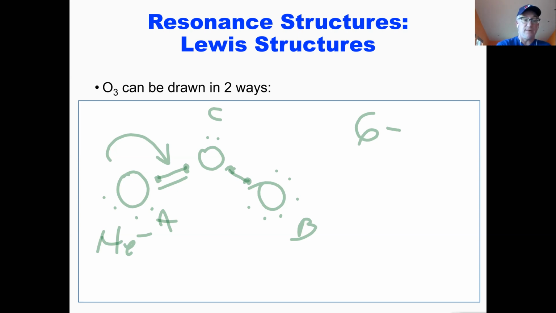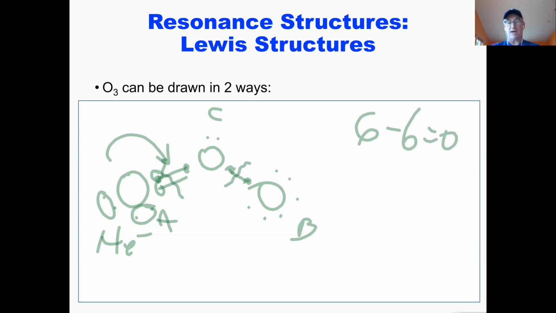It's got 2, this lone pair, another 2, that lone pair, and it has this one and this one, for a total of 6. Remember, we split all the bonds down the middle and share them equally. Now we'll learn today there's something else that we'll compute where we don't do that. But for now, for formal charge, we just look at the number of bonds each atom can claim for itself. And so A has 6, so its charge is 0.